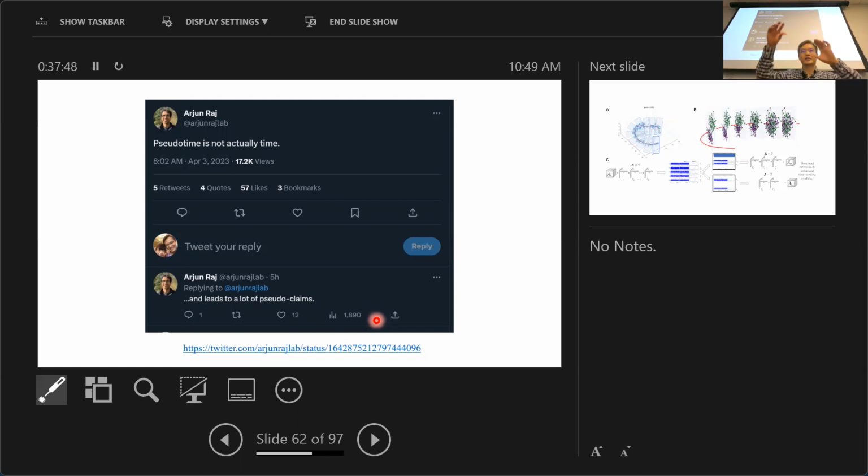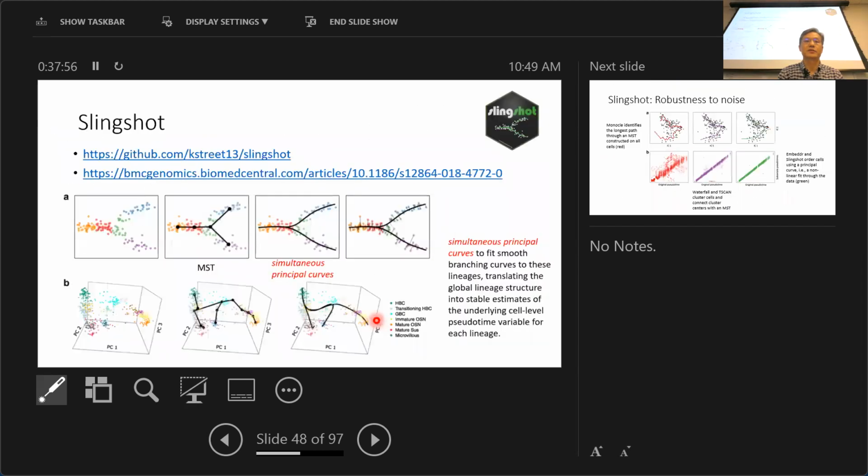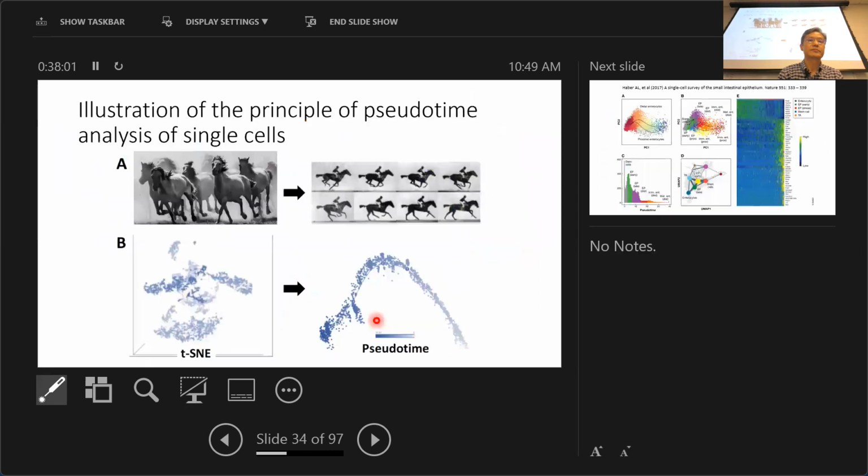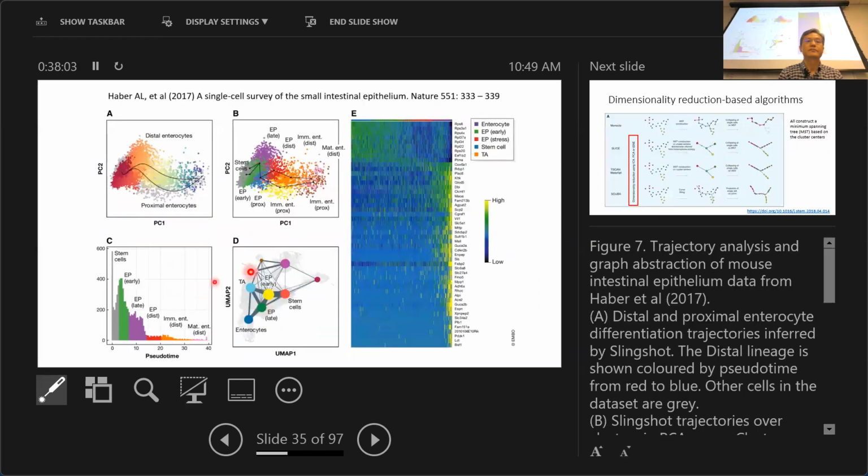Because you somehow use data science methods to align the cells. Let's see how they align the cells to make the projection. So this is an early stage of this publication, 2017. I completely disagree with this kind of analysis.